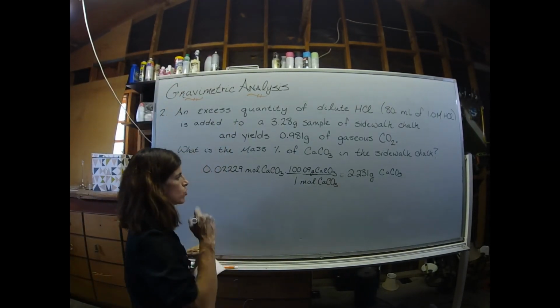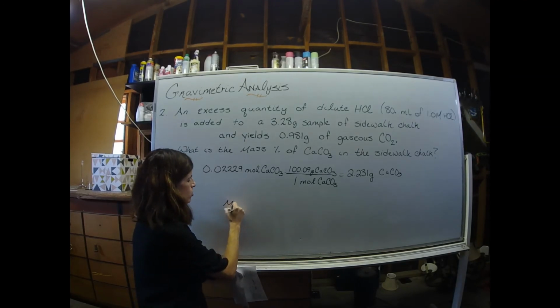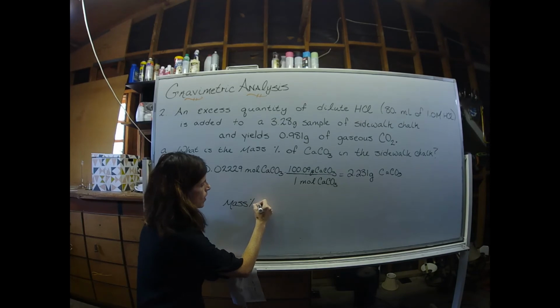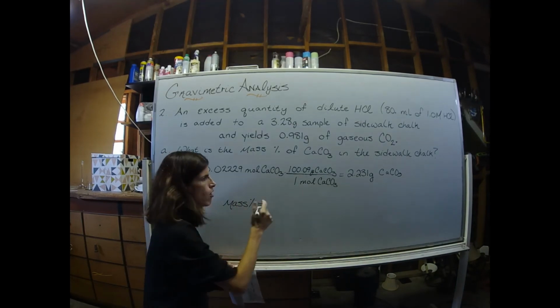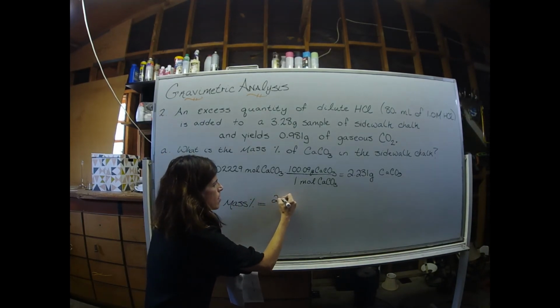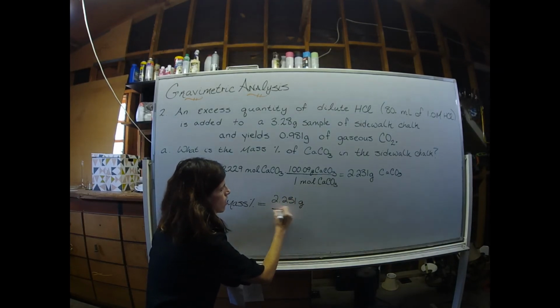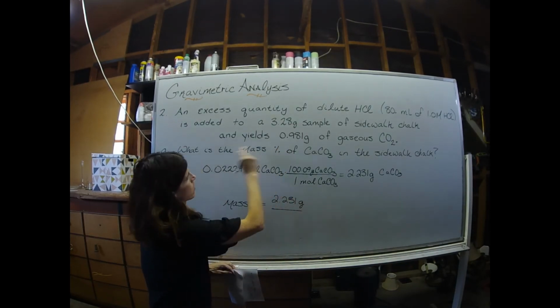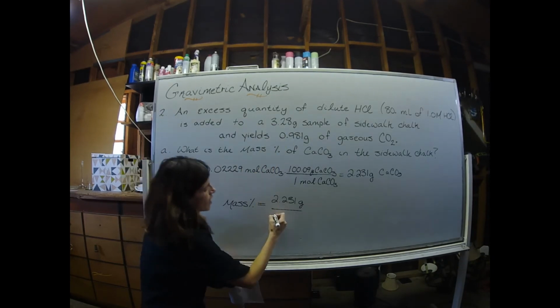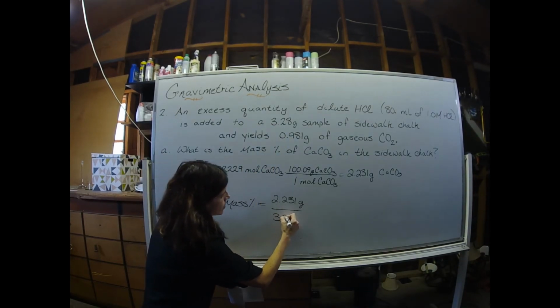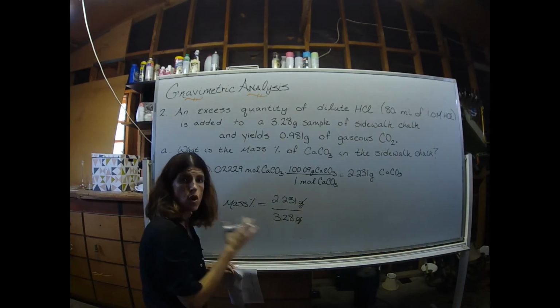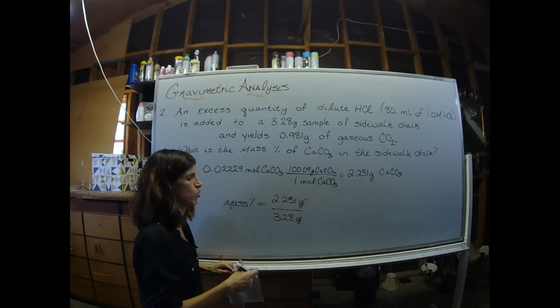Now, when I'm doing my mass percent calculation, that value is going to go in the numerator because it's the part. And then the whole thing, the mass of the sidewalk chalk, 3.28 grams, that'll go in the denominator. Grams will cancel grams. Also, because it's a percent, I need to multiply by 100.